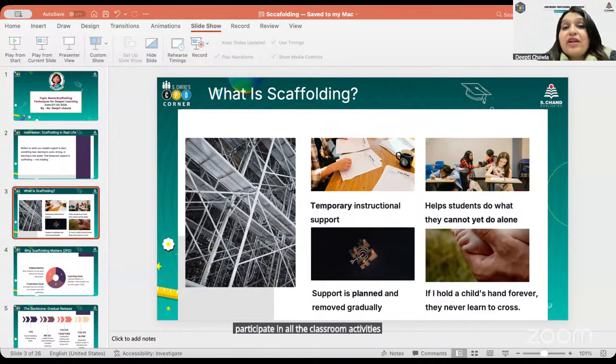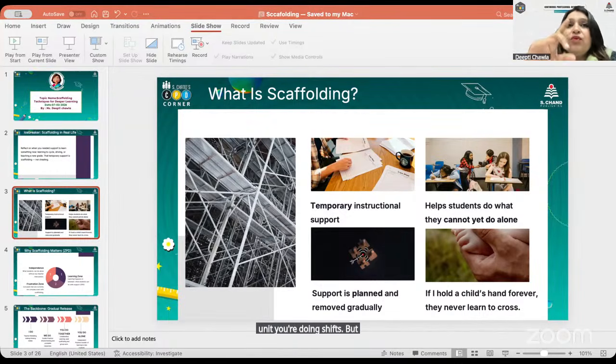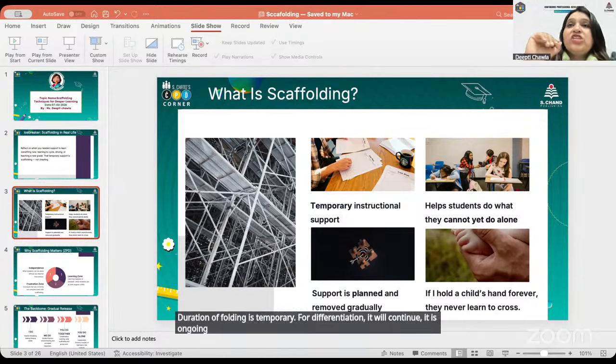So the goal of the activity or the concept or the unit you're doing shifts. But in scaffolding, the goal remains the same. The duration of scaffolding is temporary. For differentiation, it is ongoing. If a child requires special support, it will be an ongoing thing.